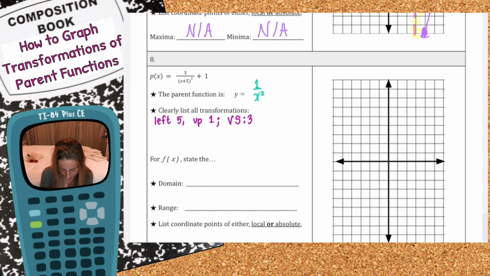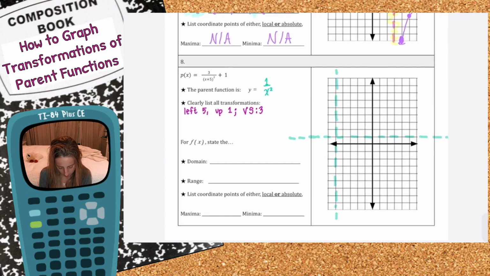So my asymptotes: left 5, 1, 2, 3, 4, 5. Left 5 and up 1. Okay, there's your little asymptotes.